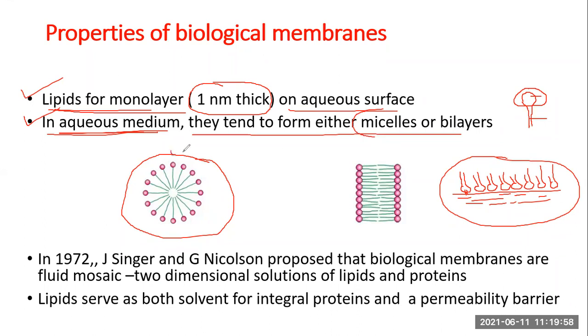This is a micelle. What you are noticing is that they have formed a circle like this. All the hydrophilic groups are exposed to the aqueous phase, and all the hydrophobic parts are sequestered inside the circle. They are trying to shield it from the water because they are hydrophobic in nature.